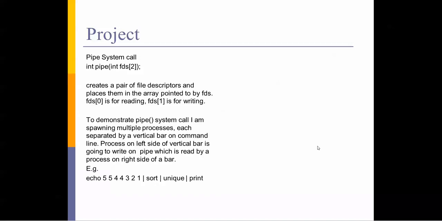For the term project, I am implementing the pipe system call for communication between two processes. It creates a pair of file descriptors pointed to by FDS0 for reading and FDS1 for writing. The pipe is unidirectional in the sense that of the two processes communicating over a pipe, only one of them can write and the other will read from that pipe.